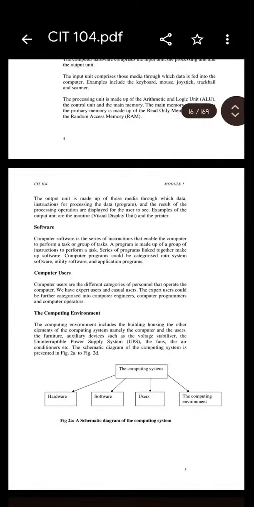Thank you. Now we have the application software. Like I said, they are designed to help users to perform specific tasks. Any software that helps you to perform a specific task is called an application software. For example, now Microsoft Word, PowerPoint, and spreadsheet, that's Excel.